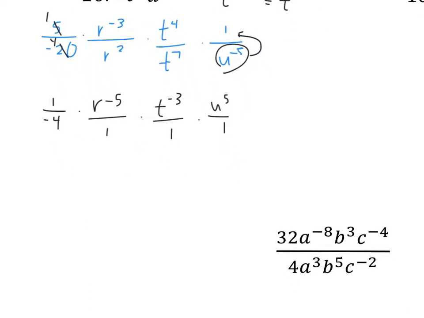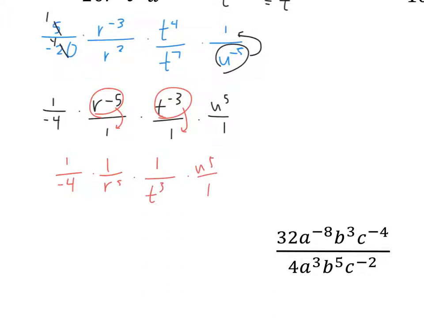Okay, so I have 1 over negative 4, and then I'm going to flip this r to the negative fifth and bring it on the bottom. So it becomes 1 over r to the positive fifth. And then I'll flip t to the negative third. And then u to the fifth stays on top.